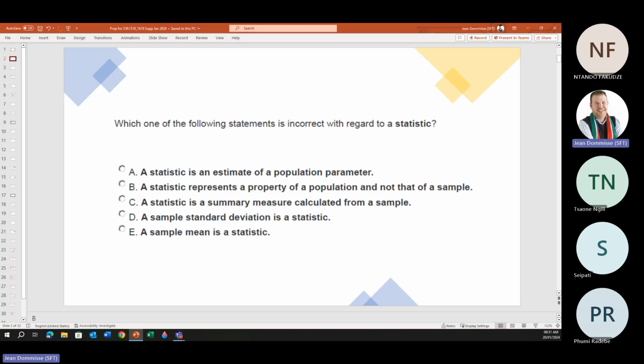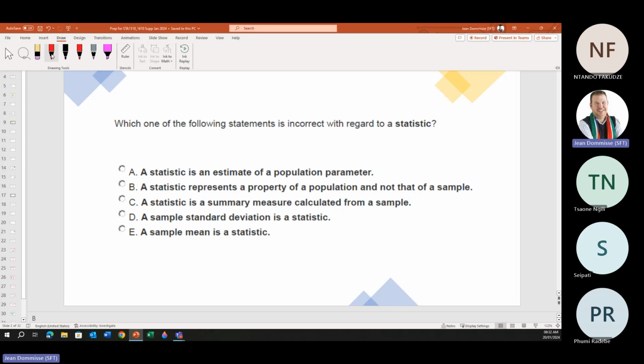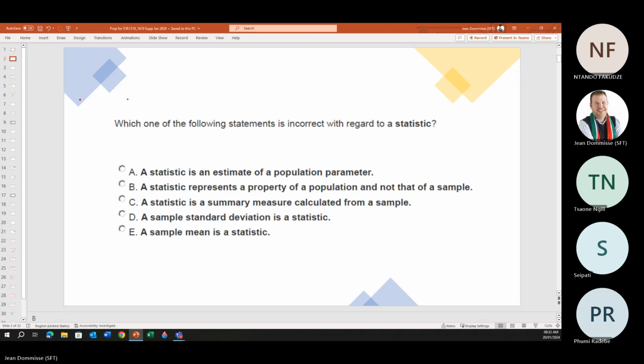As your exam will run from study unit 1 through to study unit 11, these first few questions are around study unit 1, 2, and 3. In this instance, we're looking at a question where they ask which one of the following statements is incorrect in regards to a statistic.